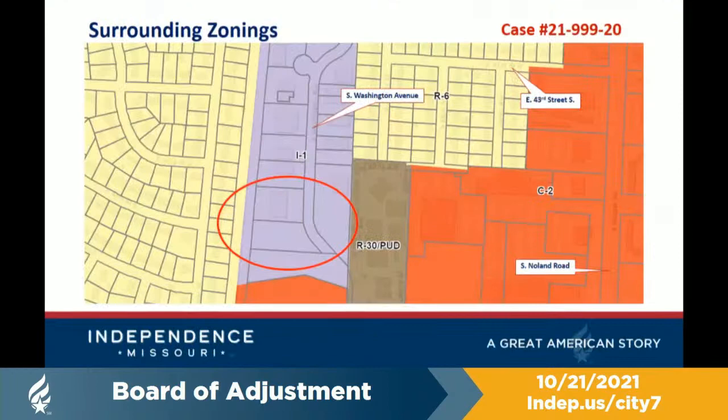As you can see, the area is zoned I-1, and I've circled two lots. The one to the north is where the existing structure is, and then the lot to the south is the expansion area.